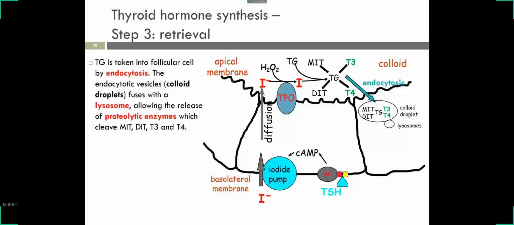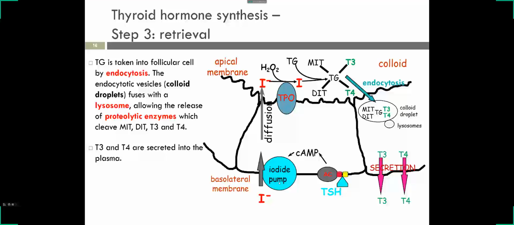Thyroglobulin is taken into the follicular cell via endocytosis, which you will remember from your cell biology. These vesicles, termed specifically colloid droplets, fuse with the lysosome, and the pH change from the endosomes to the lysosomes activates those proteases, which then release T3 and T4 via proteolytic cleavage of those peptide bonds.